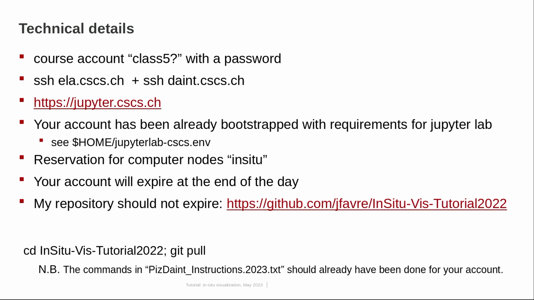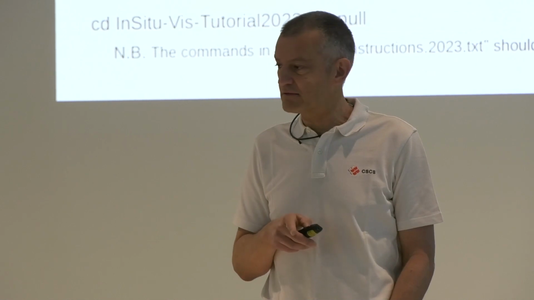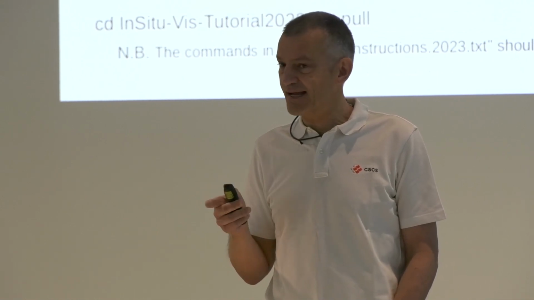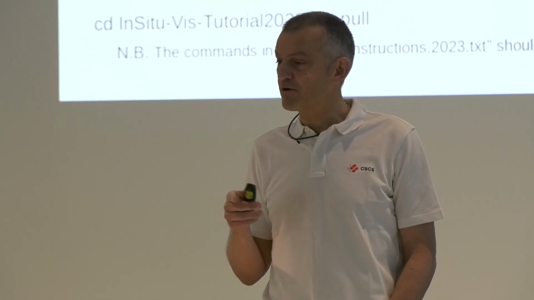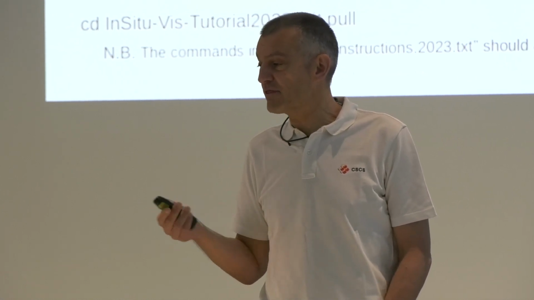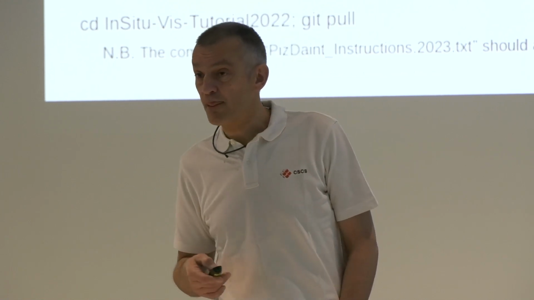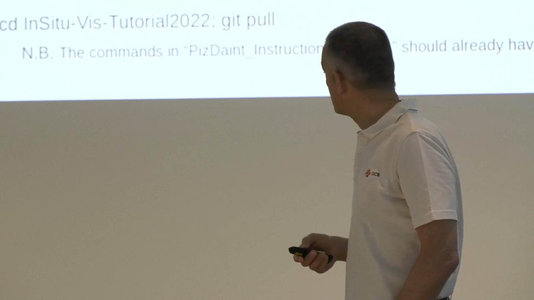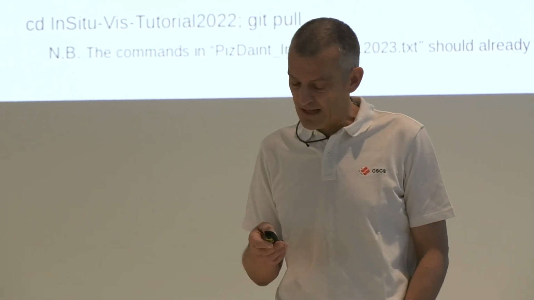Now, I've logged in using each one of your accounts yesterday, using the password I had, to set up the account appropriately for the class. So I strongly advise you to use that account, even if you already have a computer account at CSCS for your own project, because this guarantees that the setup I have has been tested.